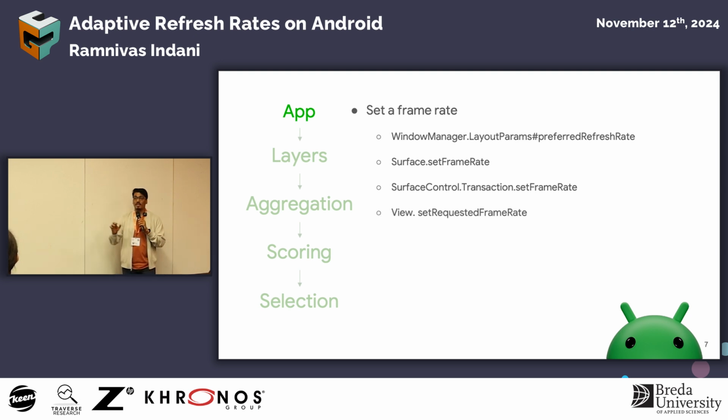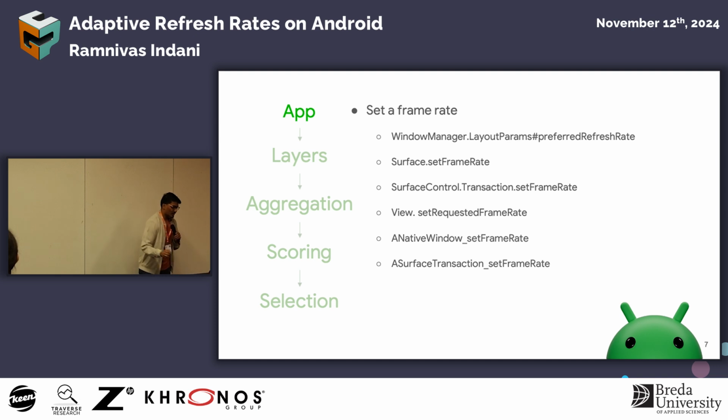And if you're using Android toolkit components like buttons or image views, anything like that, you can also do that on the views with set requested frame rate. So if you have a GIF, you want to control and display it on some view. But if you are, let's say, not on the Java side or Kotlin side or any of the app sides, you're on the native side, writing a C++ or Rust app, similar methods or functions exist for the native side as well.